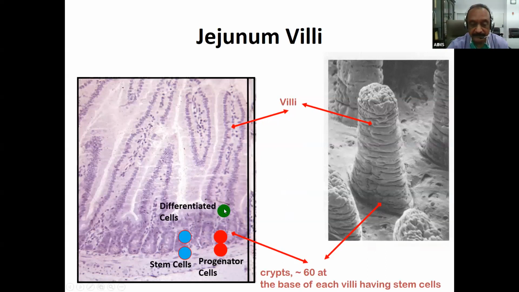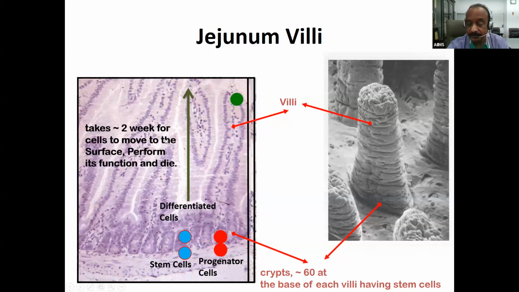These functional cells will move to the villi, perform their function, die and shed into the lumen. And this process will continue. An important point here is that the lifespan of this functional cell is 2 weeks or 14 days. So once it is produced, the total lifespan of this functional cell is 14 days.